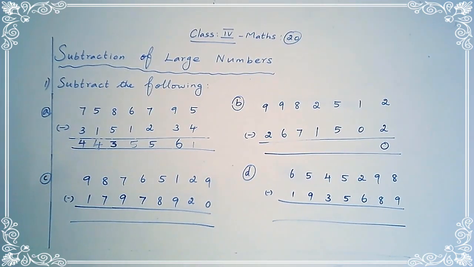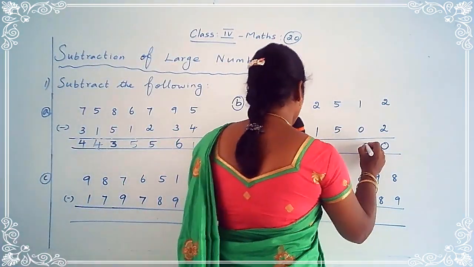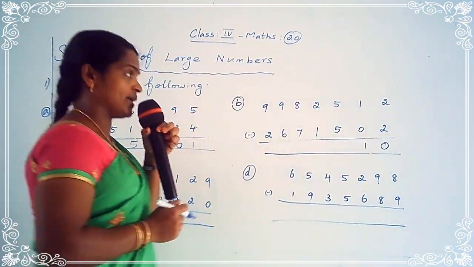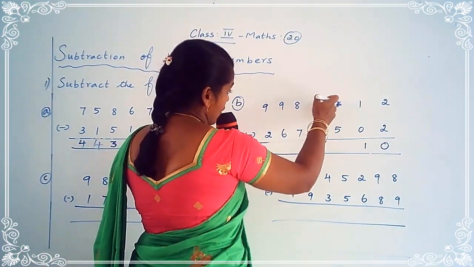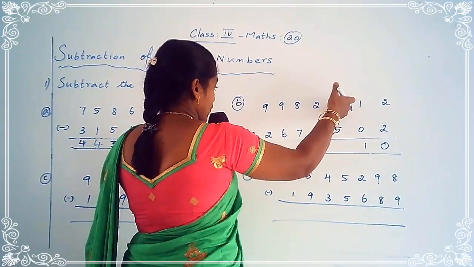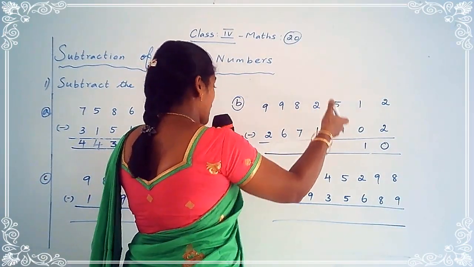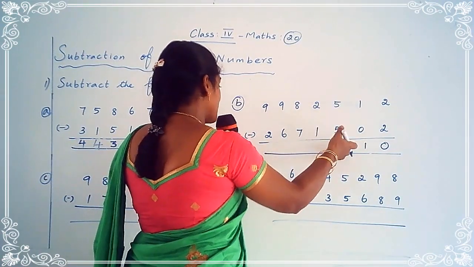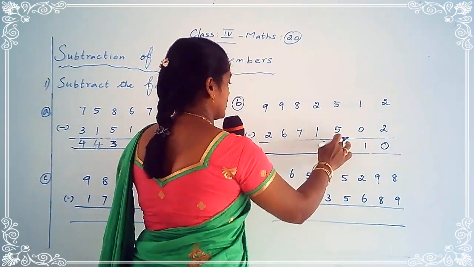So 1 minus 0 is equal to 1. Now you subtract in the hundreds place. Here the hundreds place has 5 and 5. So 5 minus 5. Minuend is 5, subtrahend is also 5. When the minuend is the same as the subtrahend, the difference is 0. So 5 minus 5 is equal to 0.